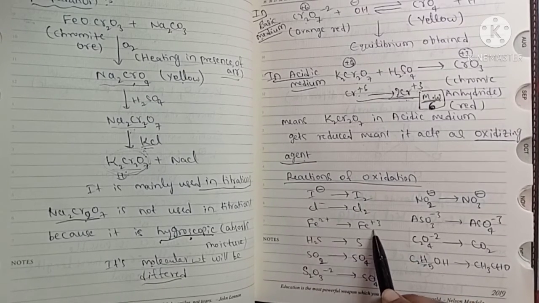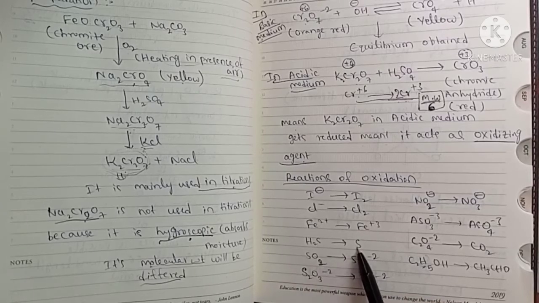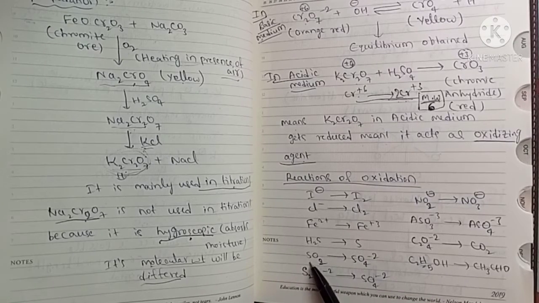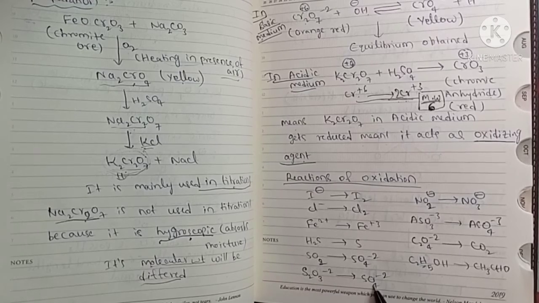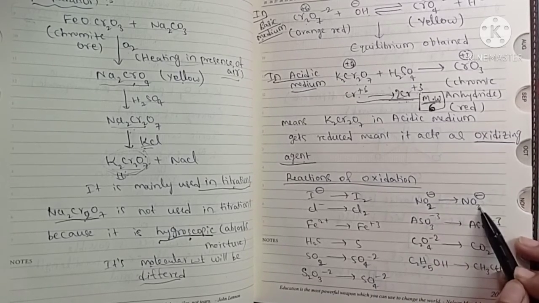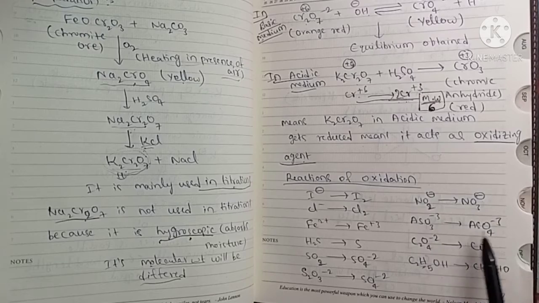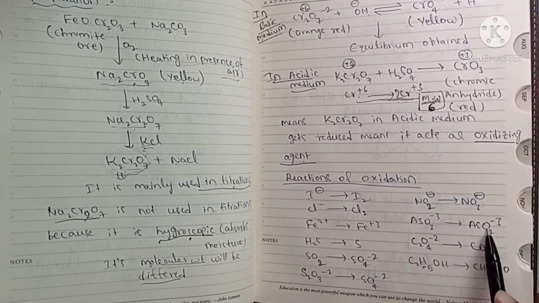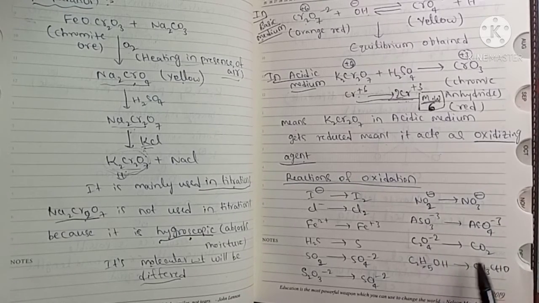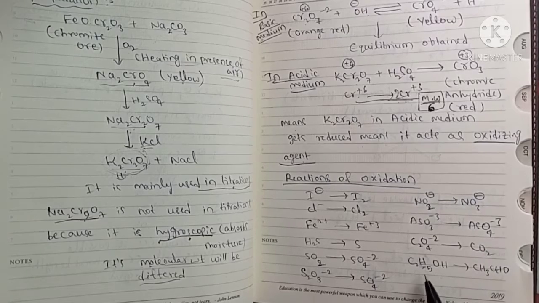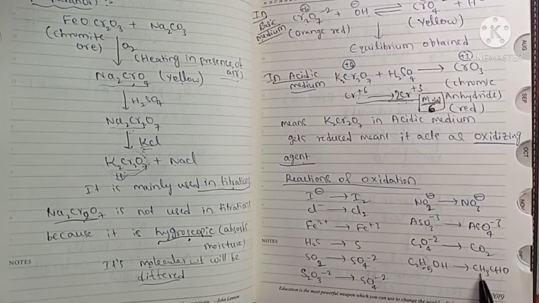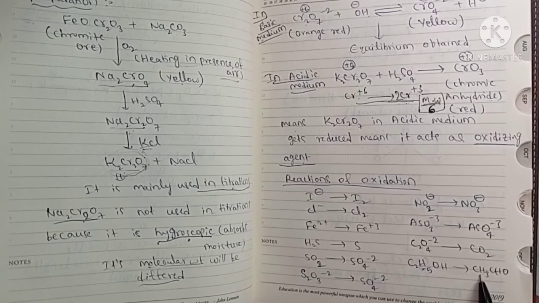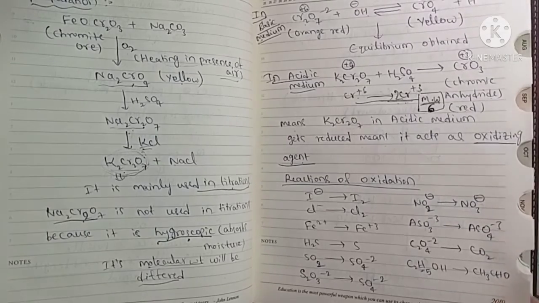Iron +2 changes into iron +3, H2S changes into sulfur, SO2 changes into sulfate, thiosulfite changes into sulfate, nitrite changes into nitrate, arsenic trioxide changes into tetroxide, oxalate changes into carbon dioxide, and ethanol changes into acetaldehyde. It means K2Cr2O7 is used for organic oxidation reactions also. These are some reactions of K2Cr2O7.